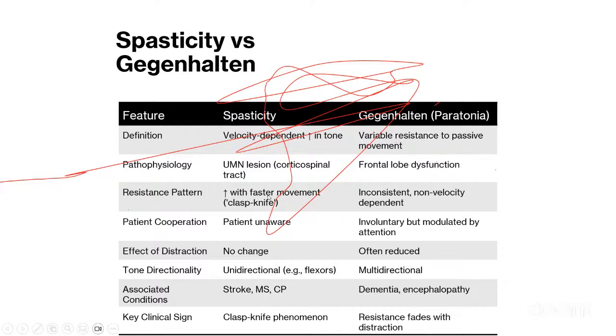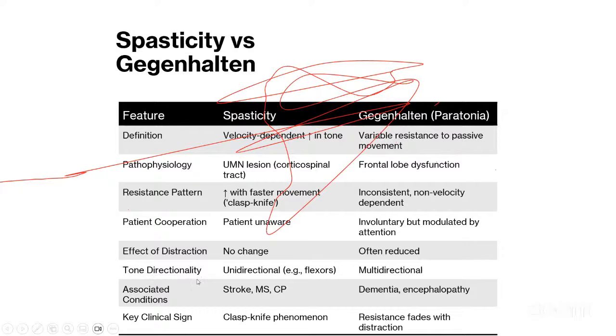In spasticity, resistance increases with faster movement and we can see the clasp knife phenomenon, while Gegenhalten is inconsistent and non-velocity dependent. In Gegenhalten the patient is unaware, it is involuntary but modulated by attention. Distraction may not cause any change in spasticity, but in Gegenhalten it is often reduced.